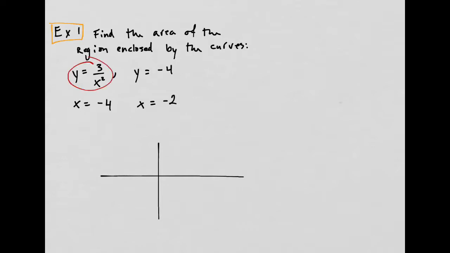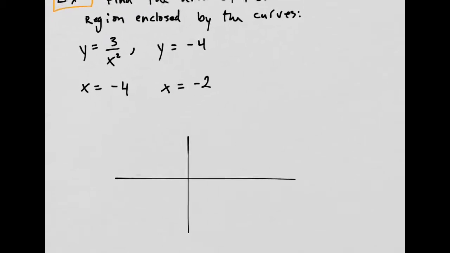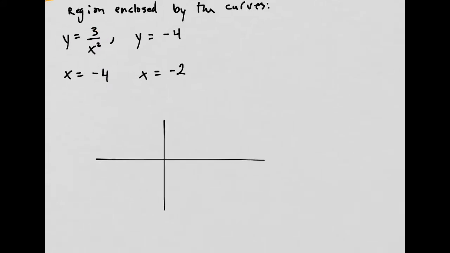So this one, either from a graphing calculator or plugging in points, looks something like this. It's like the 1 over x function, except it's squared, so it looks like that.